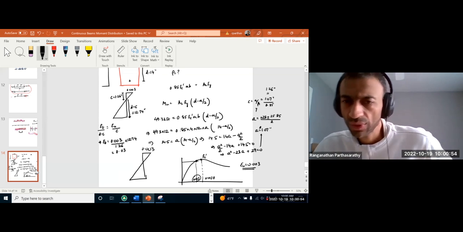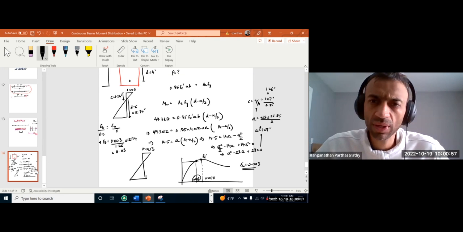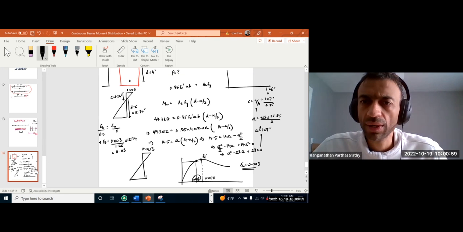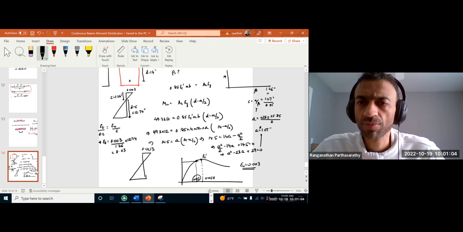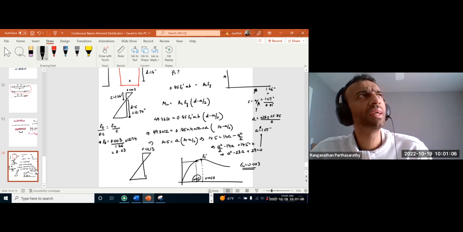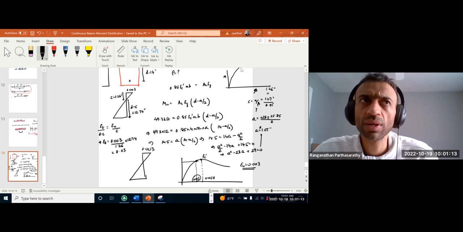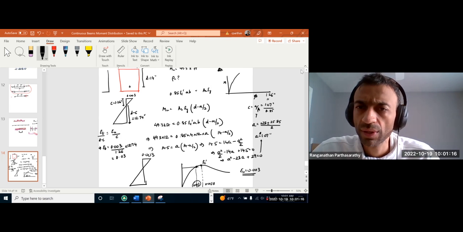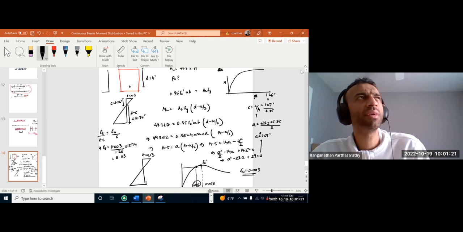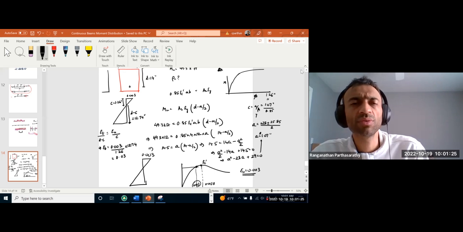Okay. So when we did that, that was for our moment versus curvature diagram. We needed the true behavior, but there we are only concerned with the strength of the section.